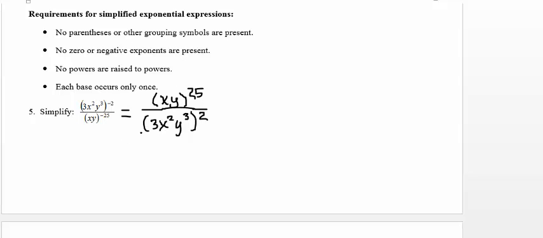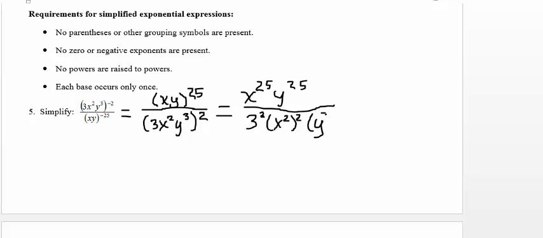All right, now we're going to use the product to power rule of exponents. xy to the 25 is x to the 25, y to the 25. 3x squared y cubed squared is 3 squared times x squared squared times y cubed squared.